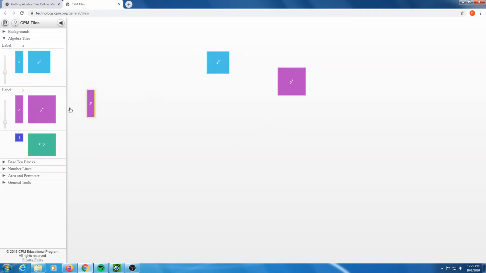And that's what I want to do right now, just by way of introduction to algebra tiles. So what I'm going to do is build a figure out here of algebra tiles, and then I want you to pause the video and see if you can find the area and the perimeter of that figure.